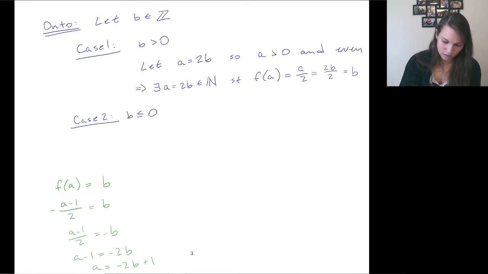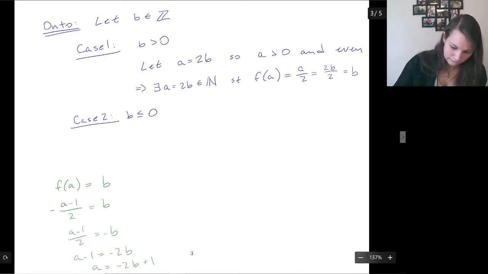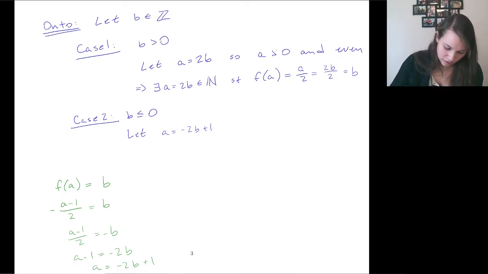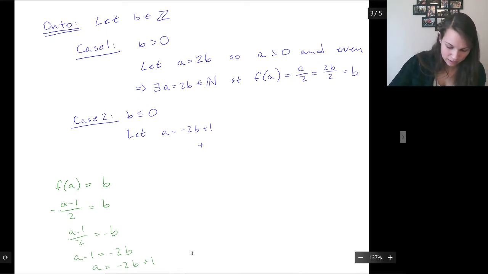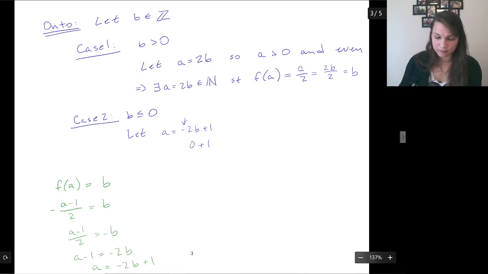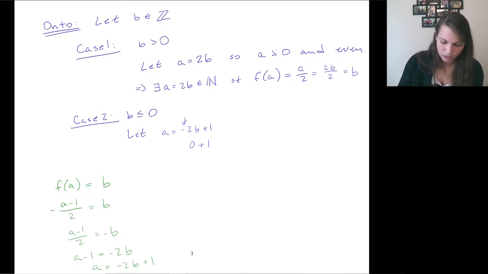So then I'm going to say let A equal negative 2B plus 1. If we start plugging in negative numbers or 0, like if we plug in 0, then we're left with 0 plus 1. If we plug in any negative number, it's going to cancel out with that negative right there.